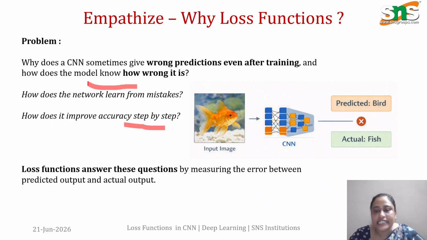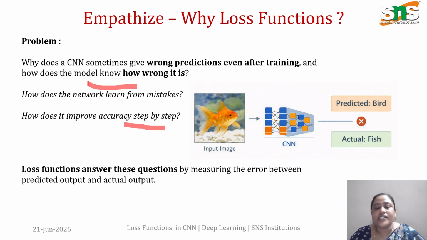It has been trained by the CNN, that is your convolutional neural network, and when the image is given, the model predicts it as bird. But it is actually a fish. So how does the network learn from this mistake? For all these types of questions, the loss function is the answer.